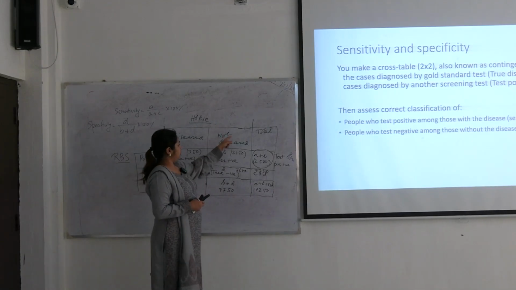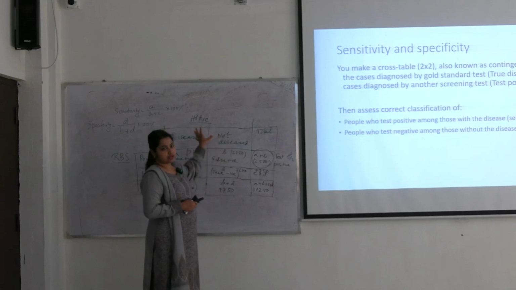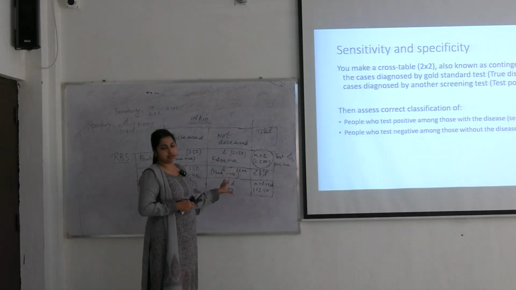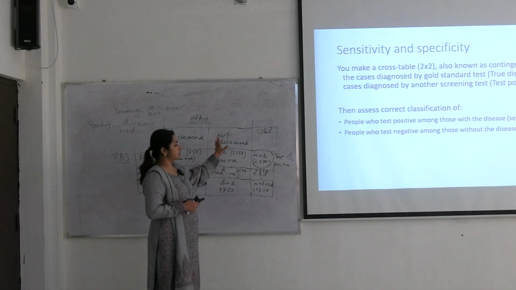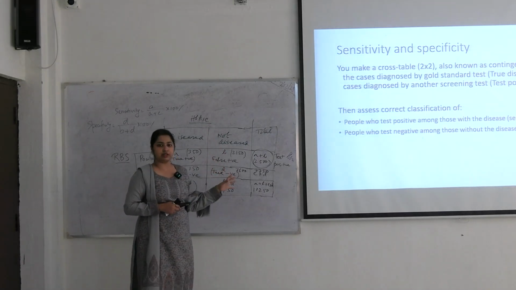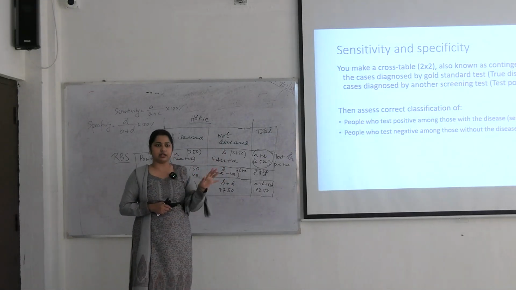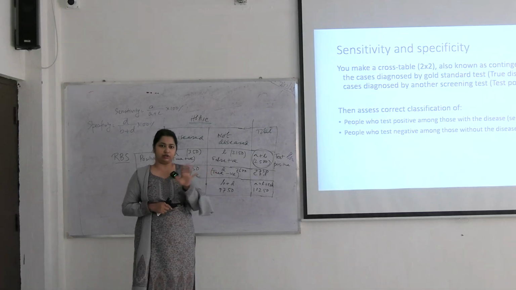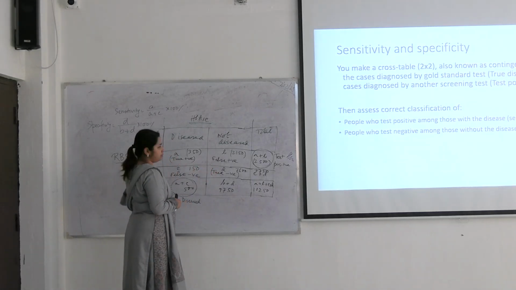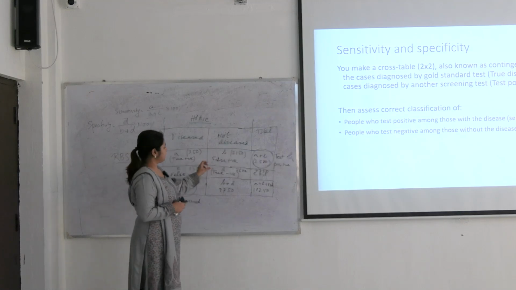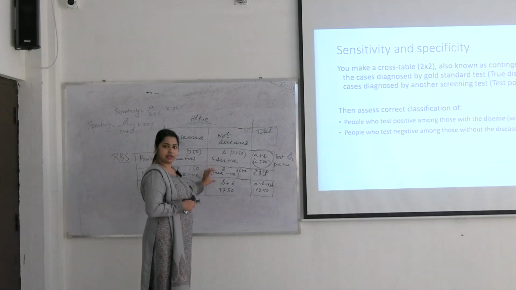Now among the total not diseased, যেটা gold standard এ যারা not diseased এসছে, okay, in the gold standard whoever has come to be not diseased, I am assuming that they are not having disease in reality. In reality they are not having any disease. But again this RBS screening test will denote some of them as positive, some of them as negative.